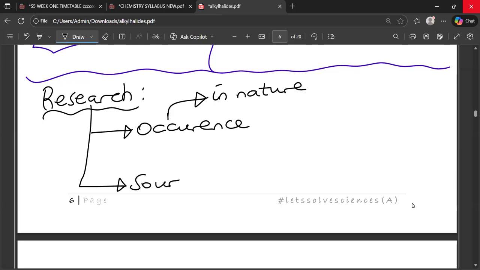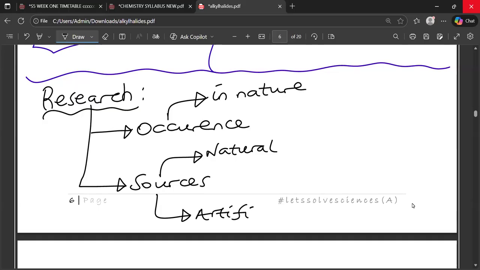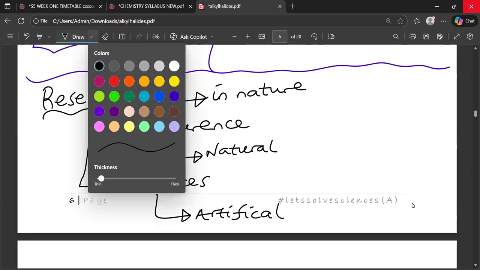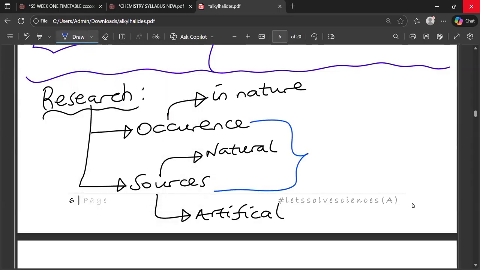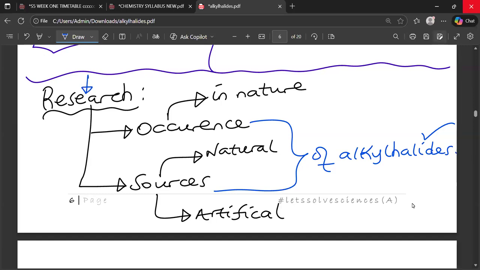Then sources, I mean the artificial or the synthetic, natural, biological, and of what? Of basically today, alkyl halide. That's what we are handling. Just read about them. Use the internet. It is okay. Just want to give you real chemistry. That is your research work.